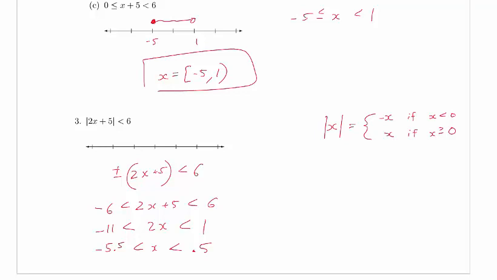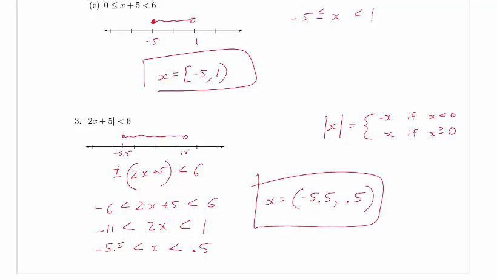Alright, so we got negative 5.5, we'll put that right here. And then positive 0.5, we'll just put that right there. And note we're using open circles and we're in between those 2 points. And there we are. We got it. So in interval notation we would write x equals negative 5.5 up to 0.5. And that'd be it.